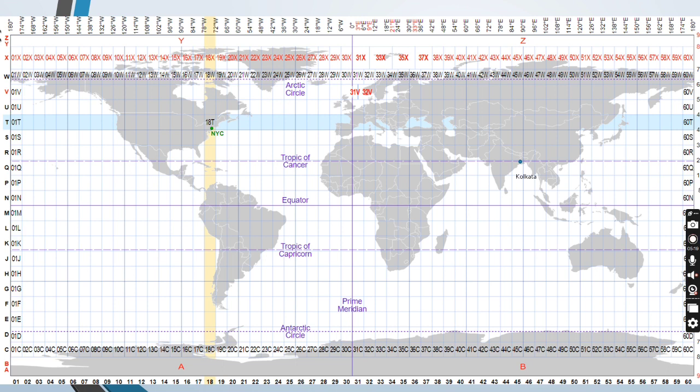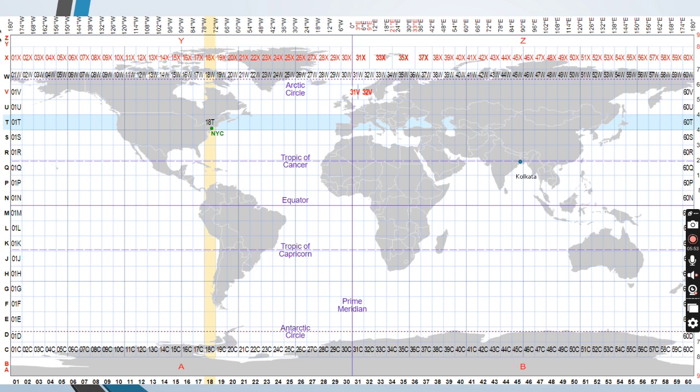So naturally 80 degrees south will become C and 84 degrees north will become X. Now the question arises: why is it not starting from A, B? Suddenly from C onwards, why does the southernmost latitude band start? And why does it end abruptly at X? Where are Y and Z? That is another important question.